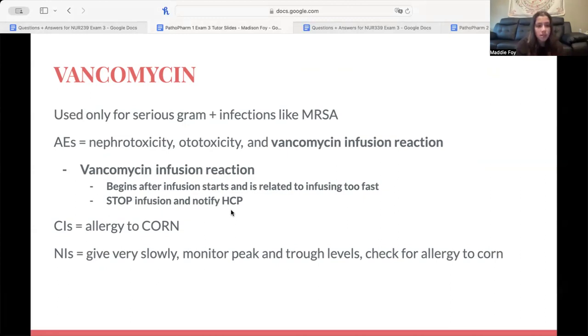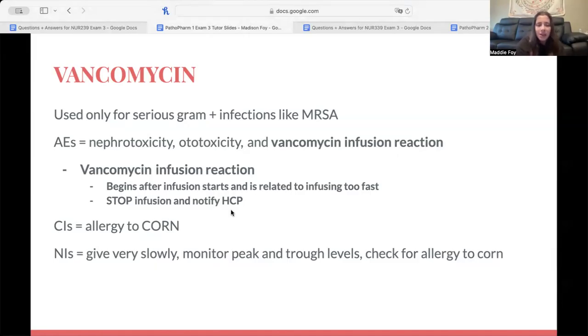It begins after the infusion starts and is typically related to the fast rate of infusing vancomycin. Before anything else, you need to stop that infusion and then you can notify the healthcare provider. It's super easy to freak out and just leave the room to go get a provider, but your first action has to be to stop that infusion if they're reacting to it.